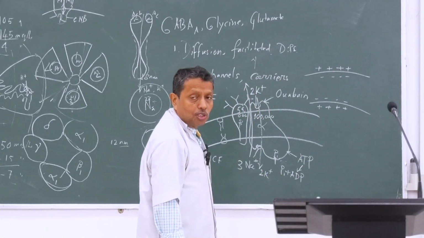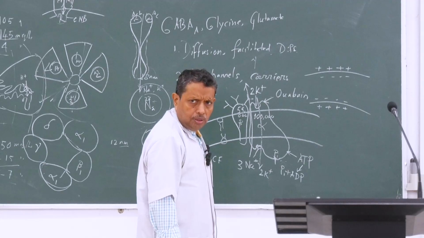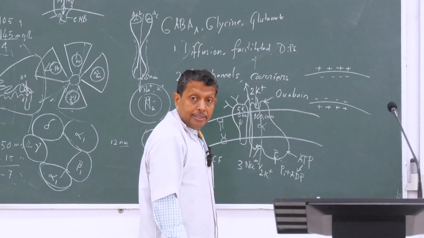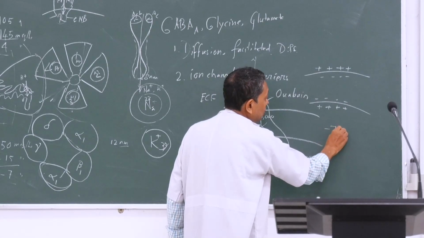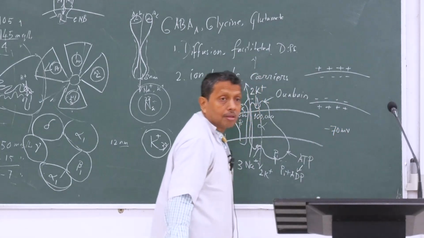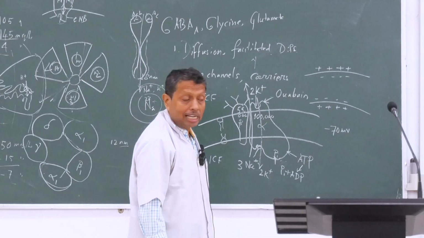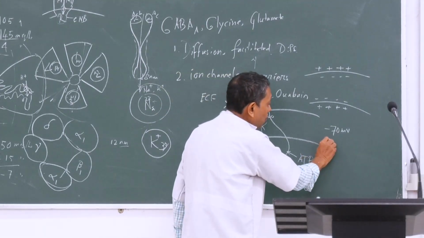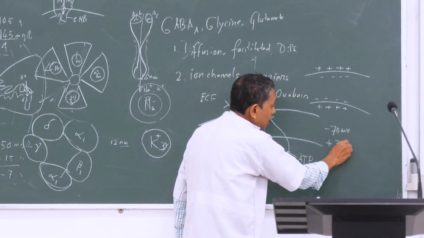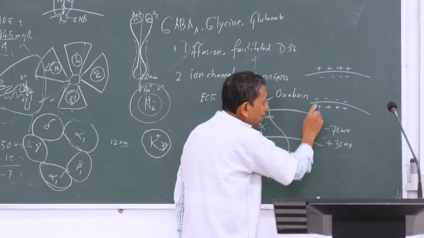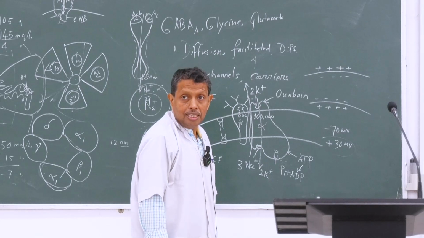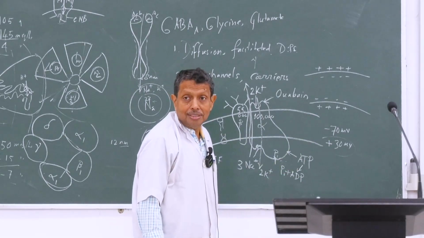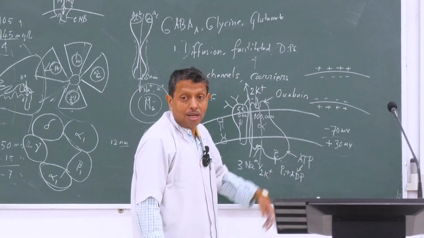By means of a cathode ray oscilloscope or a very sensitive galvanometer, it is expressed as minus 70 millivolt. But during the action potential, it may be plus 30 millivolt. So it indicates that the inside becomes transiently positive during the action potential, expressed as inside in comparison to the outside.